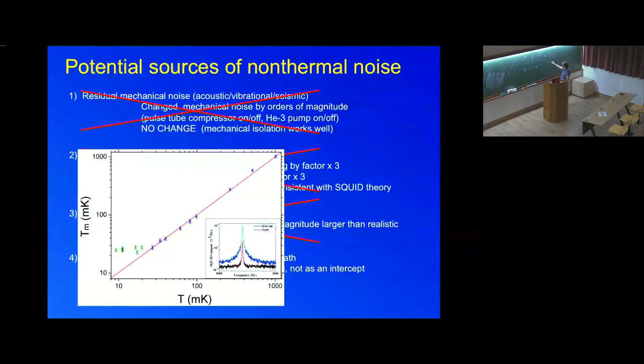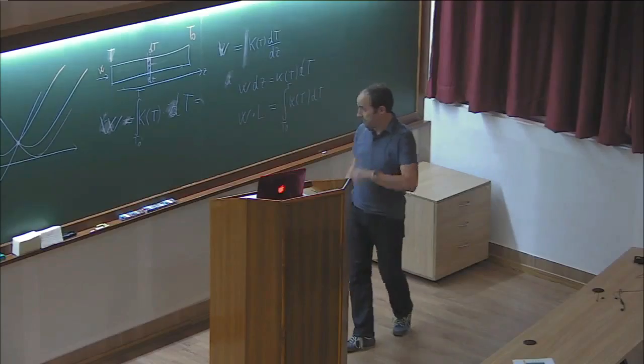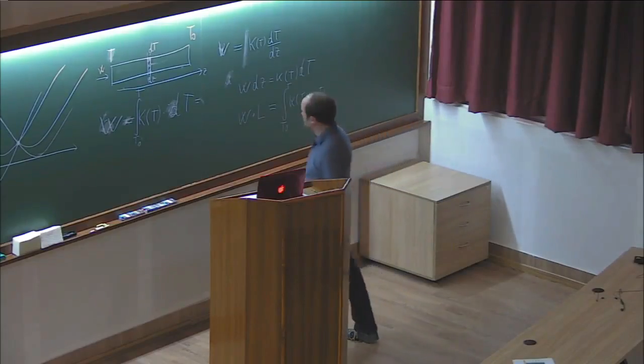I can actually do it just like this. Then we can just integrate. So we have the power times the length equal to the integral of the conductivity times, which is exactly this.